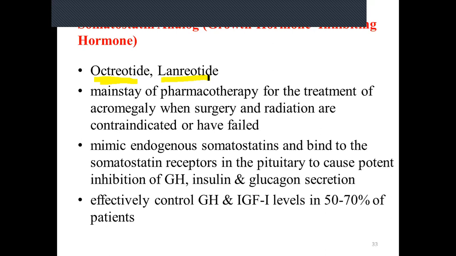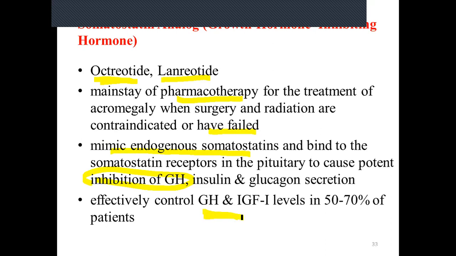This one is the mainstay of pharmacotherapy for acromegaly when surgery and radiation therapies are contraindicated, or maybe when they have failed. So that is the strategy, and it usually mimics the endogenous somatostatin, and as a result, it inhibits growth hormone production. That is why we give somatostatin for the treatment of this condition.